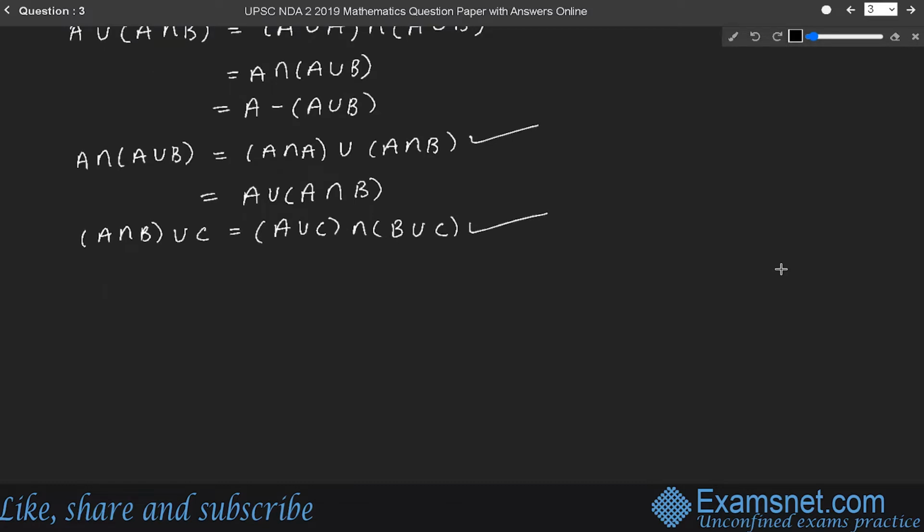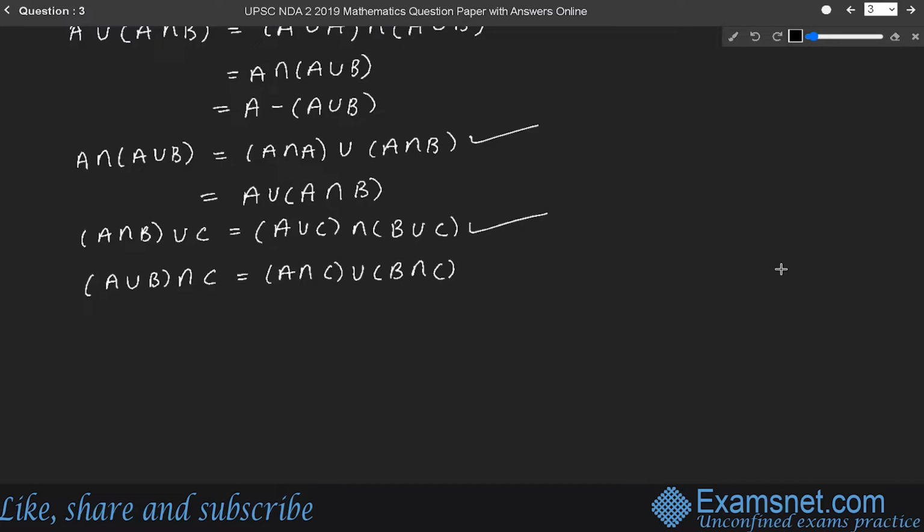Now the last option has the left hand side (A union B) intersection C equal to (A intersection C) union (B intersection C). So by using the property which we have written above, this option is also correct.